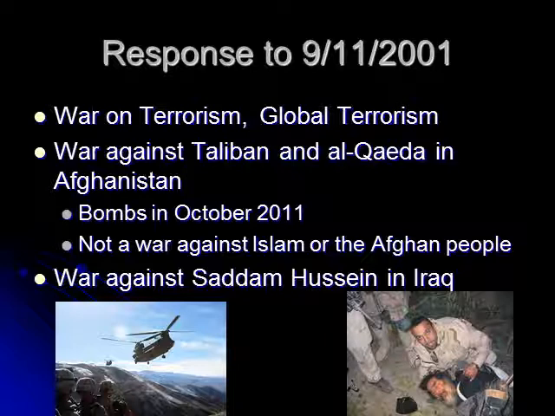This was not a war against Islam or the Afghan people, but the Taliban, who were in charge of large portions of Afghanistan and who we really didn't recognize as a legitimate government, and they were providing protection for Al-Qaeda. When we demanded that they turn over Al-Qaeda leaders to us, they refused, and that's why we began bombing them. And then it expanded into the war against Saddam Hussein in Iraq.